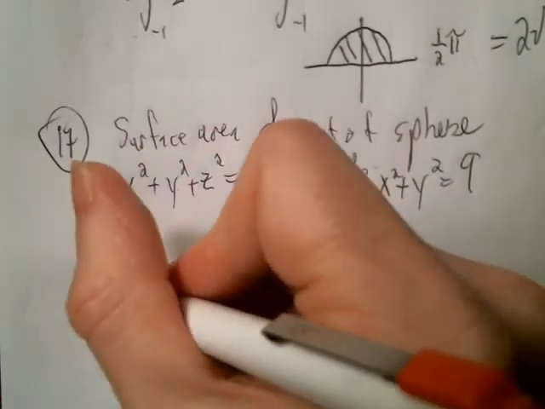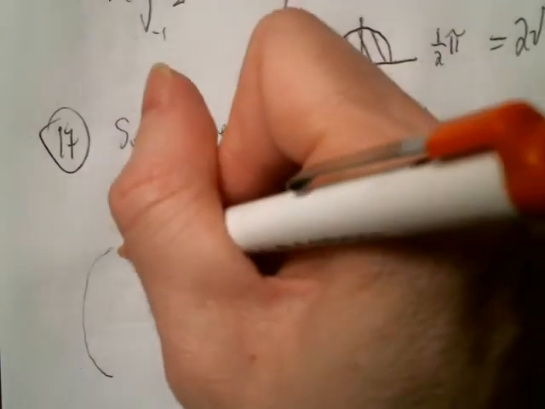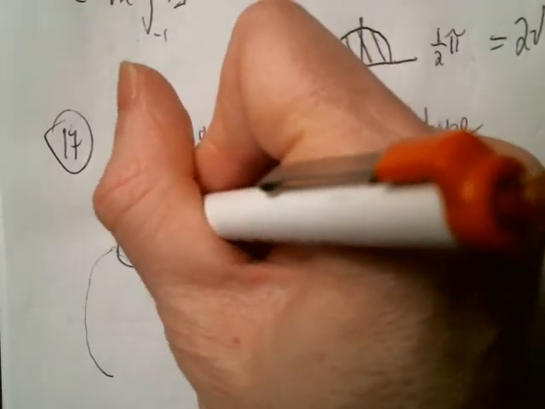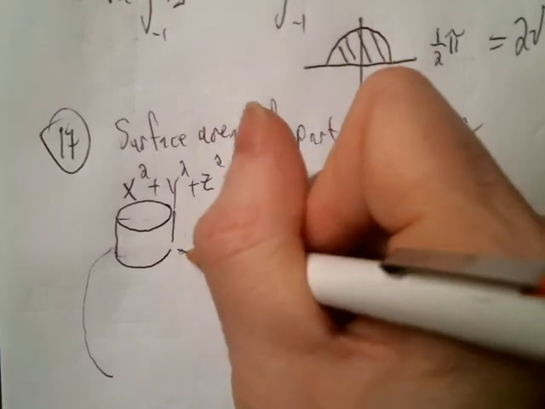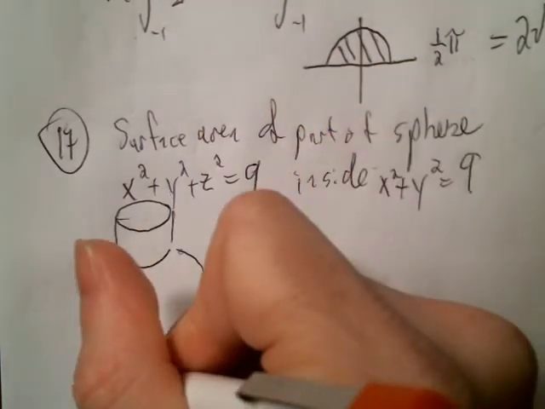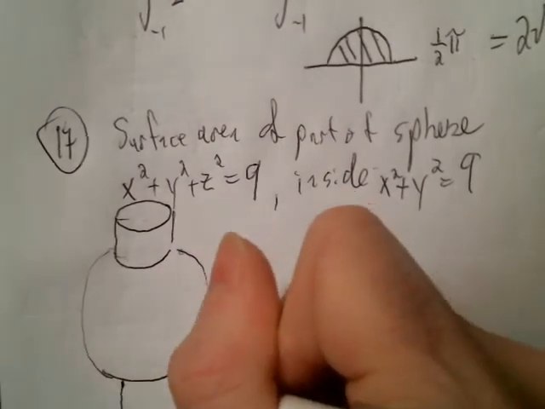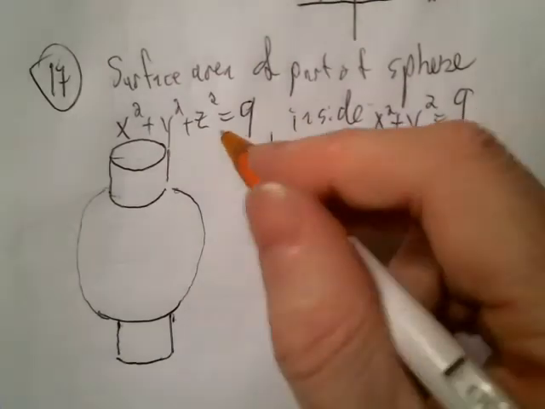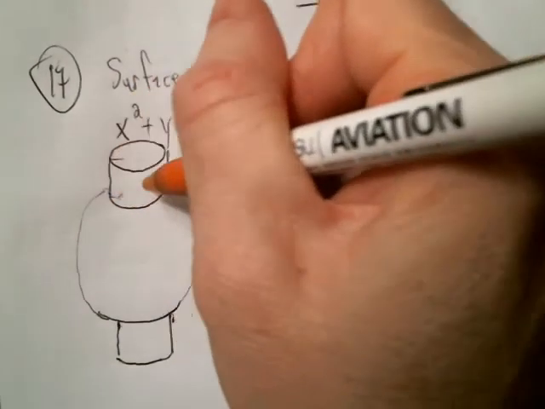Okay, so what do we have then? We have a sphere with a cylinder kind of zipping through it. Like that. And we want to know the surface area of the part of the sphere inside this cylinder.